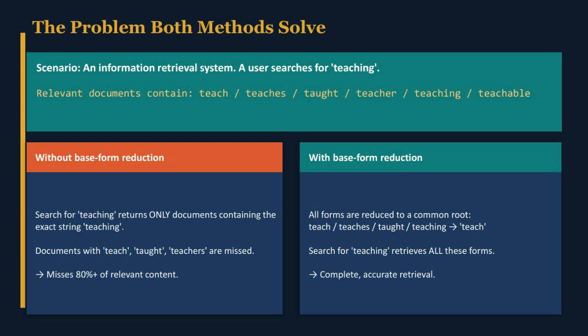If your system only returns documents with the exact word teaching, it will miss most of the relevant documents. To solve this problem, you need to reduce all these forms to a common root or a base form. And how do you do this? Through these two methods: stemming and lemmatization.